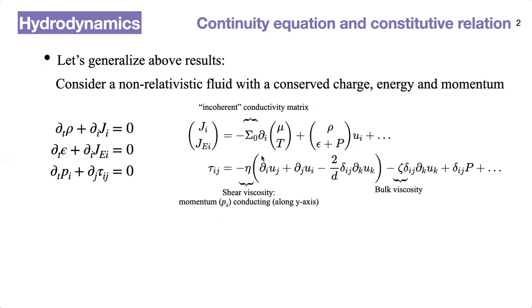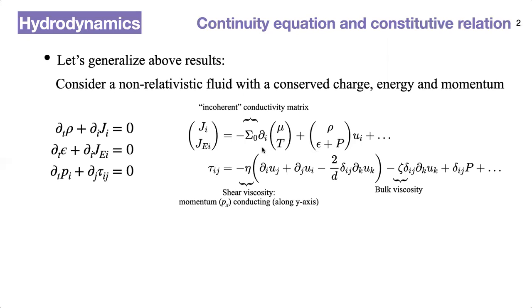Here eta is the shear viscosity, describing transverse momentum dissipation, and delta is the bulk viscosity, the viscosity apart from the shear viscosity. Those terms that I have not named here are all thermodynamic quantities.